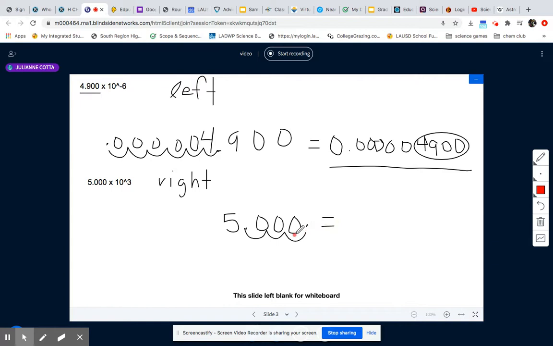Now look where that decimal is. If I just write this 5,000, that means only the 5 is significant and these zeros would not be significant, and I would cross them out when I'm counting my significant digits. But look at the way it was written originally. It was 5.000, meaning these 3 zeros are significant.